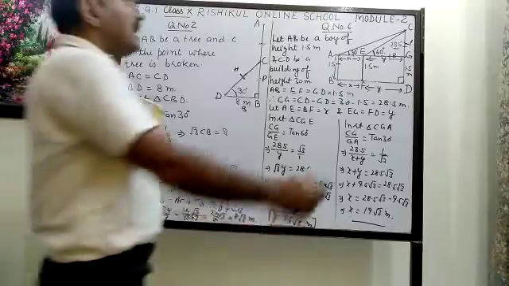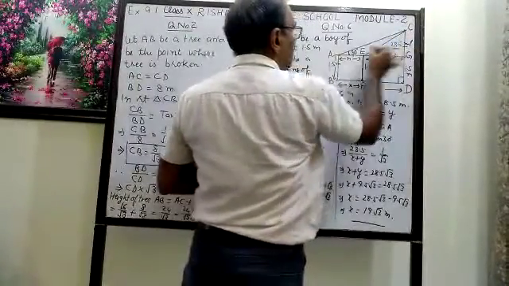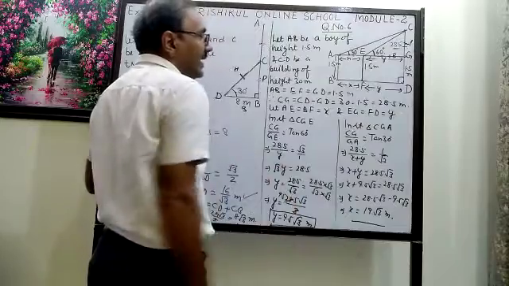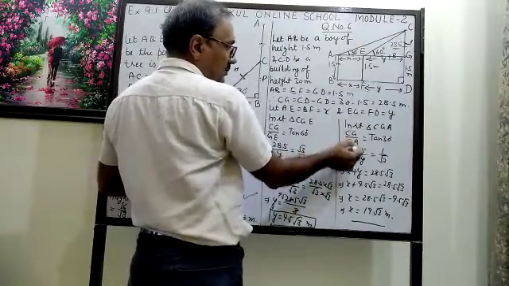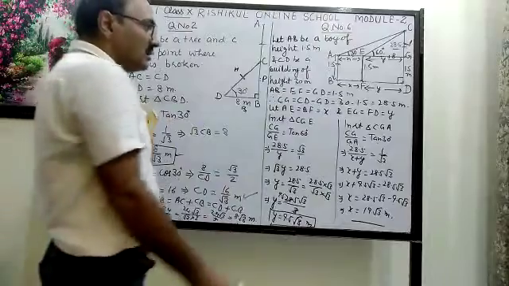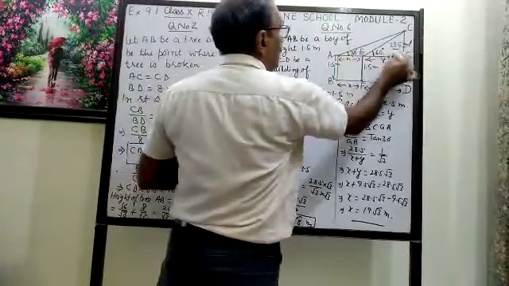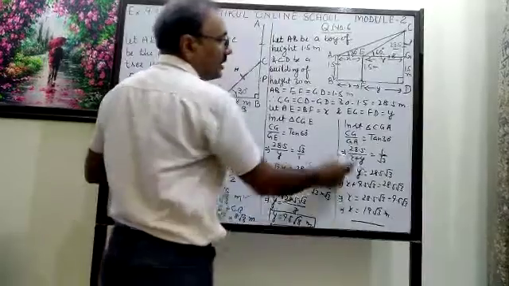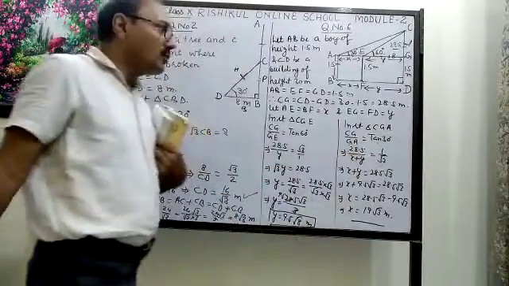And in right triangle CGA, CG upon GA, P by B is also tan 30. CG is 28.5, and GA is AE plus EG, x plus y, equal to tan 30, 1 upon root 3.